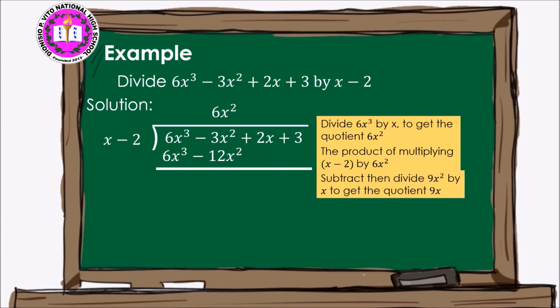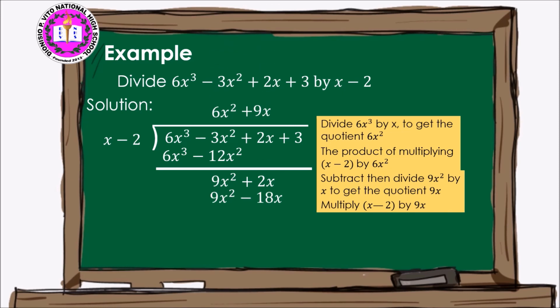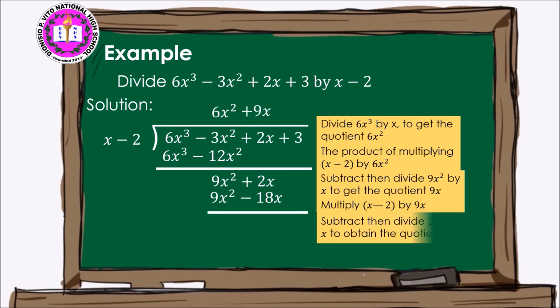Then we're going to subtract, then divide 9x squared by x to get the quotient 9x. Then we're going to multiply x minus 2 by 9x. So we have 9x squared minus 18x. Then subtract.